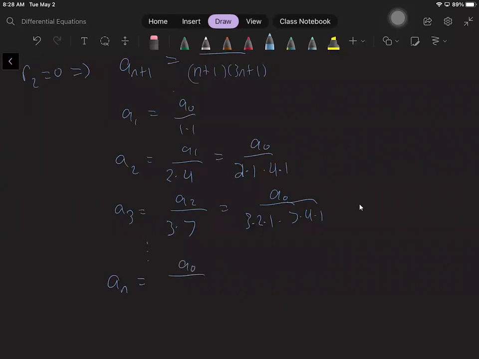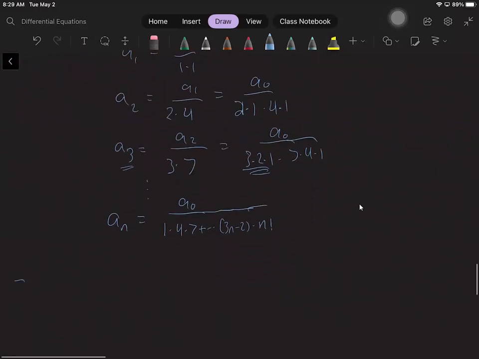You have some n factorial again, and then the 7 times 4 times 1 thing is going to look like that same pattern, adding 3 over and over. So it's going to end up looking like 3n minus 2 to get to the last one. And then you have the n factorial.